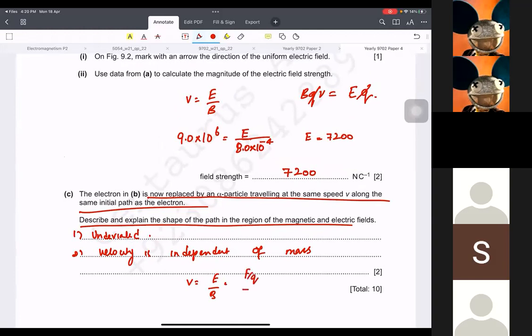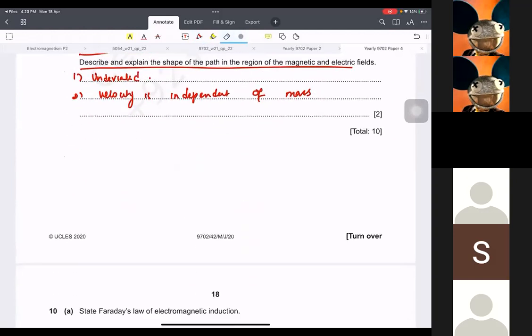Force upon charge, and B is what? Force upon vq, right? Like that. So basically, if you check it out, there is no mass in it. It's independent. So you got to write it like this.